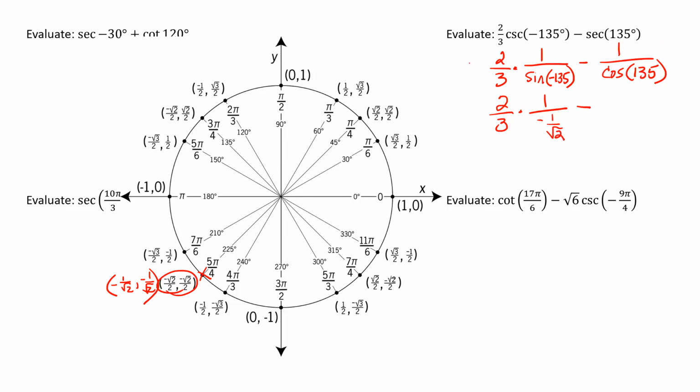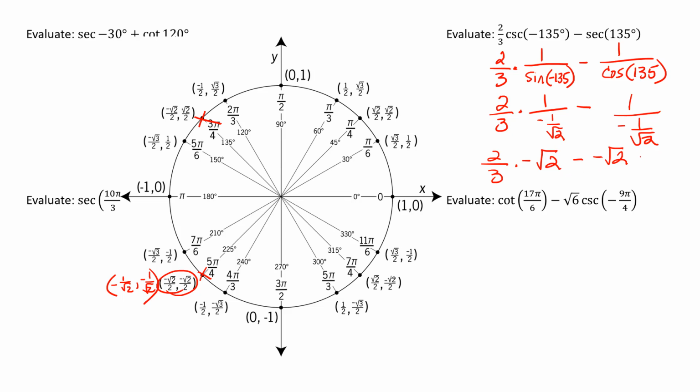And then cosine 135, you start at 0, go counterclockwise, brings you here, and you're going to have 1 over negative 1 over the square root of 2. So 2/3 times negative square root of 2 minus negative square root of 2.